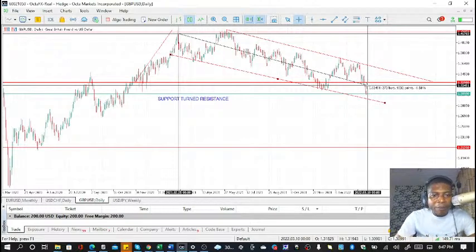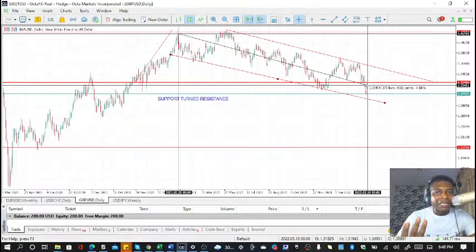So from February 2021 to March 2022, on the daily time frame, we have been on a downtrend. Right? We have been on a downtrend.